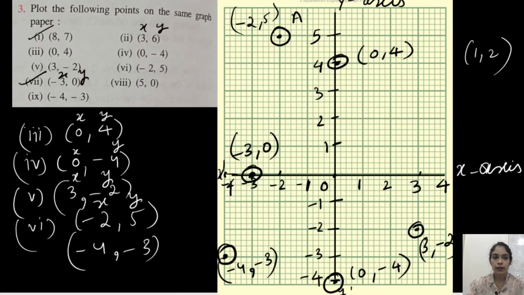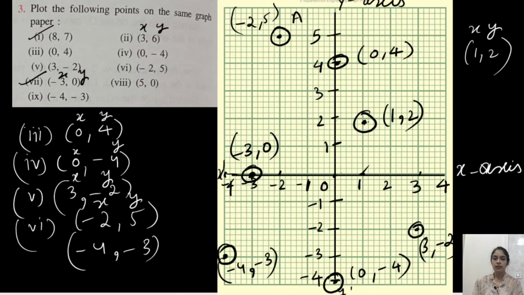I will keep my pen on 1 on the x-axis, because this is x, this is y. The first one is x, the second one is y. So on the x-axis I'll keep my pen. Now 2 is just above, so I will move straight vertically above and mark a point there. At that point, 2 should be opposite. So this point is 1 comma 2.